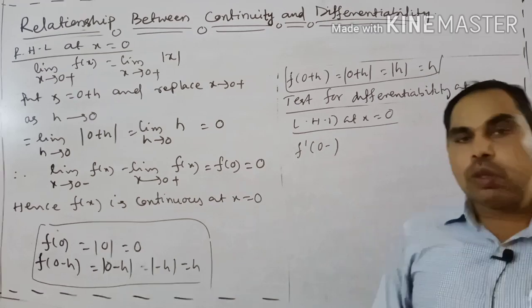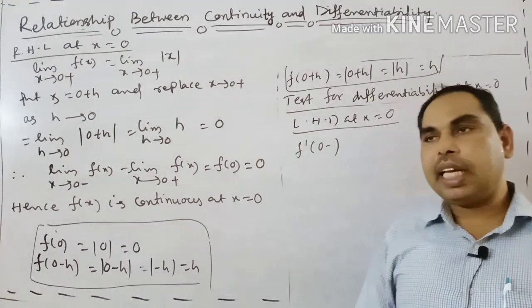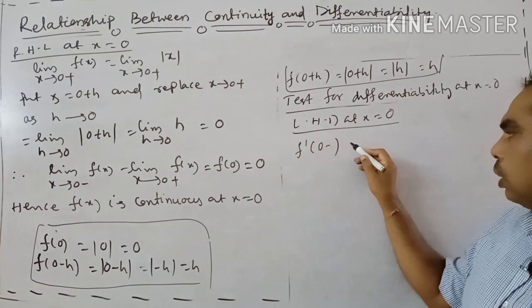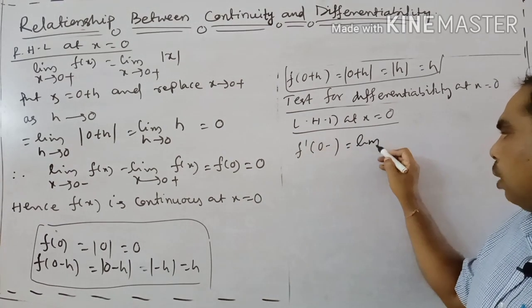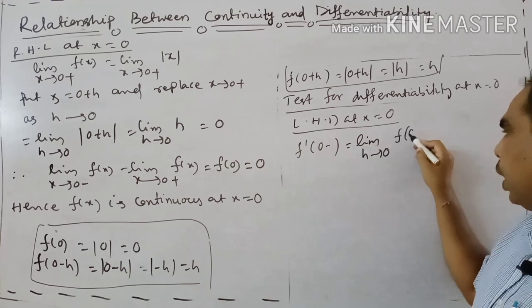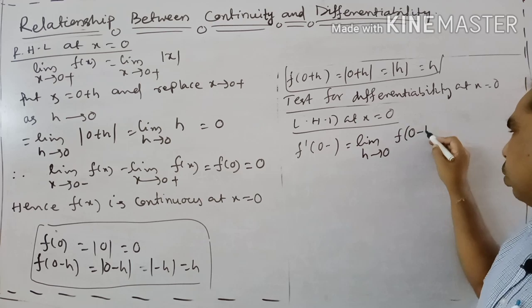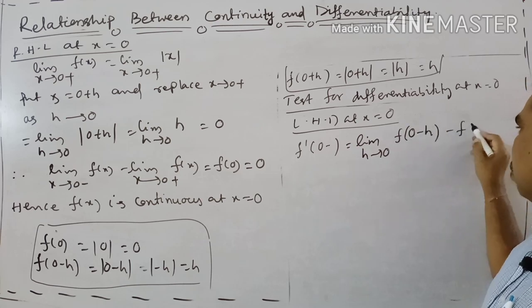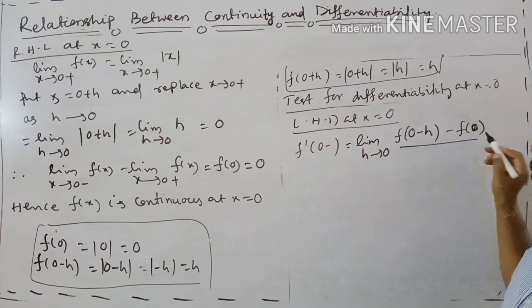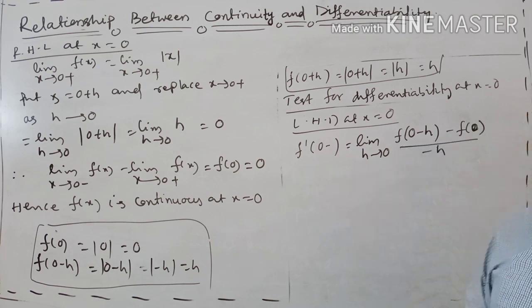LHD at x is equal to a means f dash a minus, which is limit h tends to 0 of f of a minus h, minus f of a, divided by minus h.